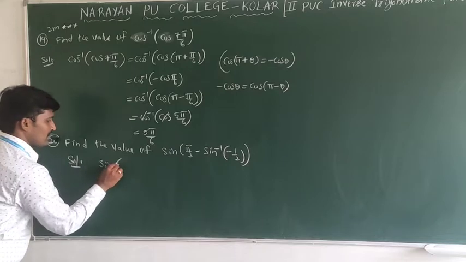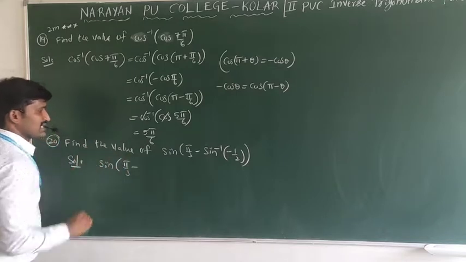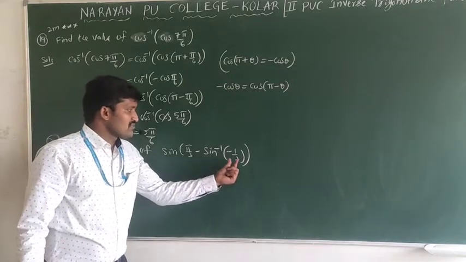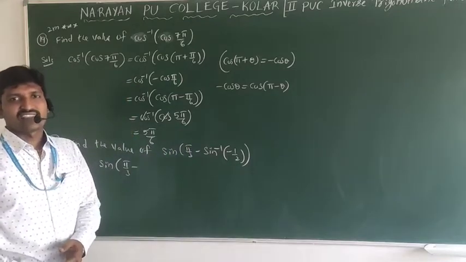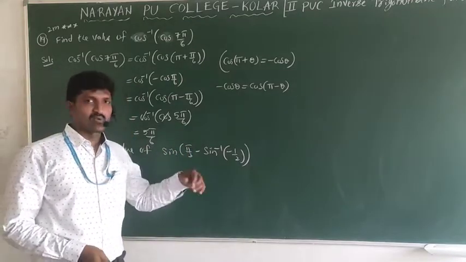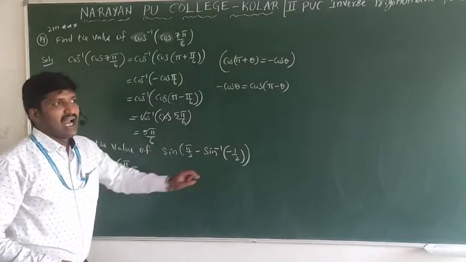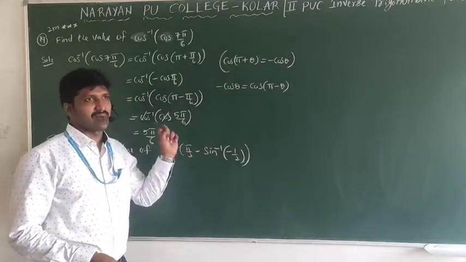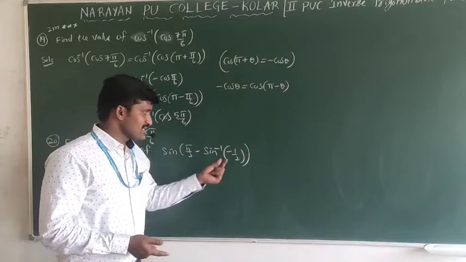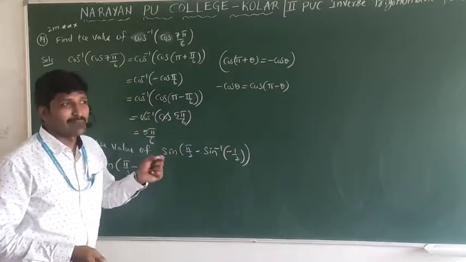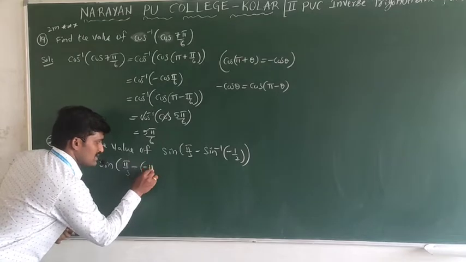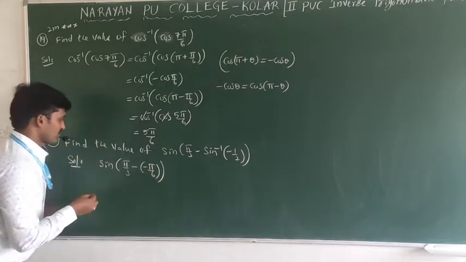Sine 30 is 1 by 2. Sine of minus 30 is minus 1 by 2. That's why sine inverse of minus 1 by 2 is clearly minus pi by 6. That means minus 30 degrees. In radians, it is minus pi by 6.